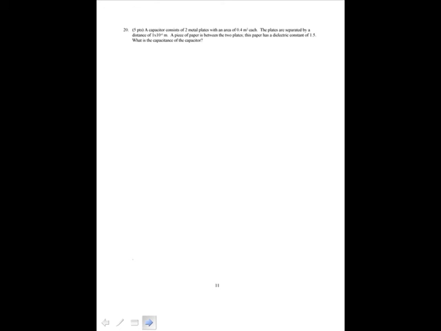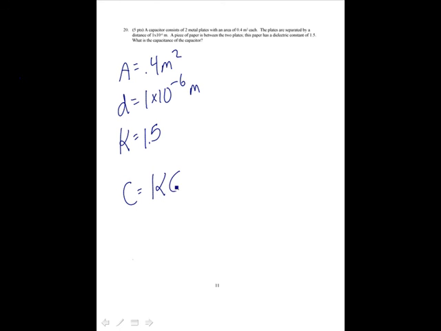Okay, capacitor. This was a pretty simple problem. Most of you got it. The area is 0.4 square meters. The distance between the plates is 1 times 10 to the minus 6 meters. The dielectric constant is 1.5. I want to know what is the capacitance. The capacitance is kappa epsilon naught A over d.